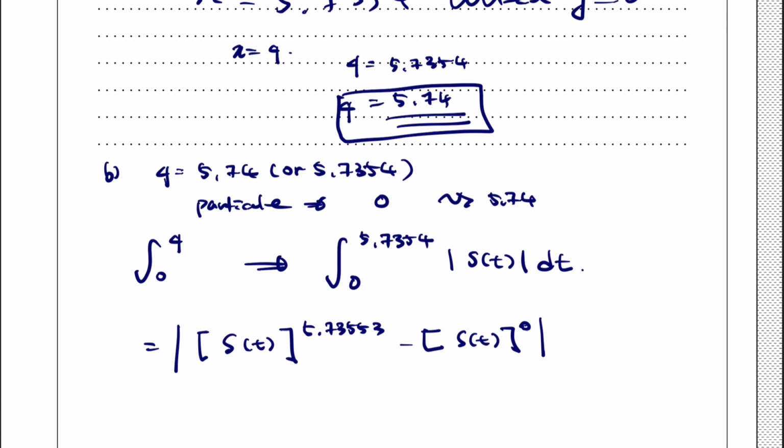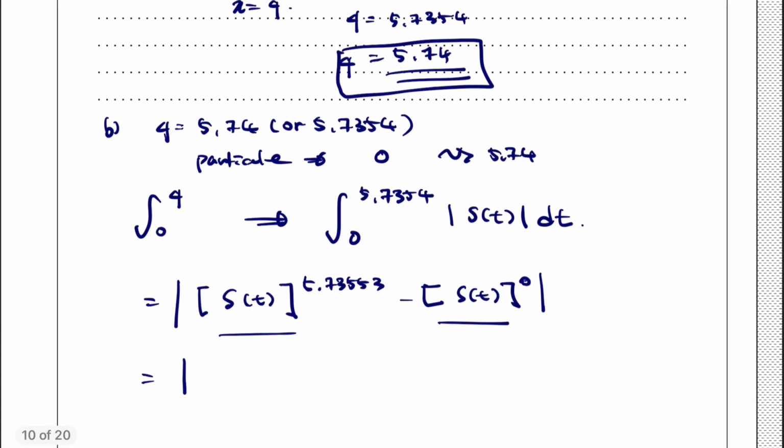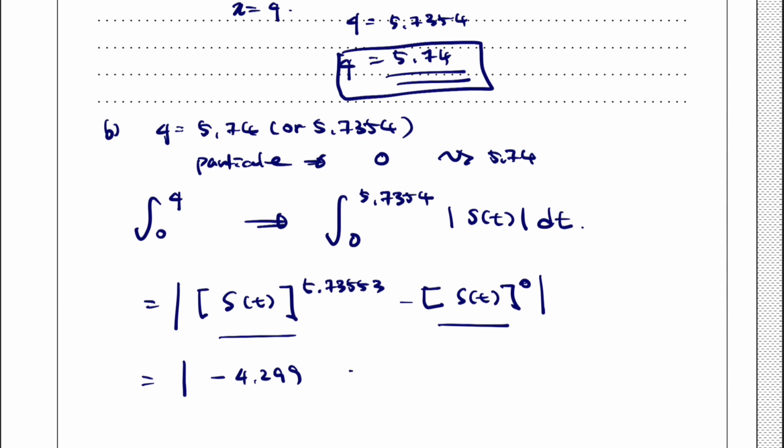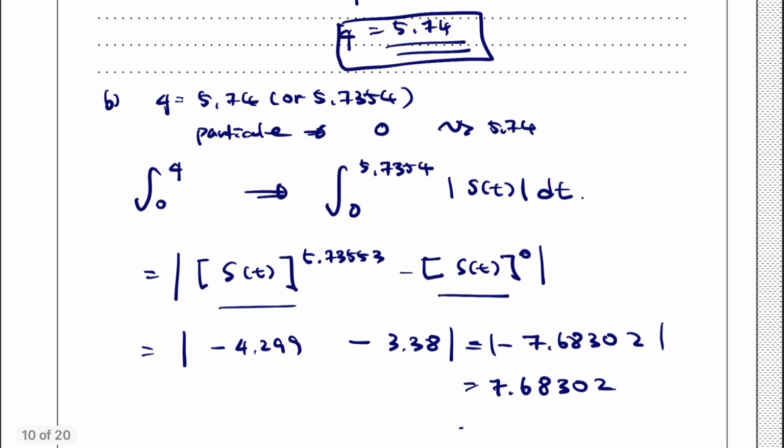When we calculate each term, we get negative 4.299 for the first term and 3.38 for the second term. Then we get negative 7.68302. However, since we are using the absolute value, the final answer is 7.68302, or using the three significant figure rule, we get 7.68 as our final answer.